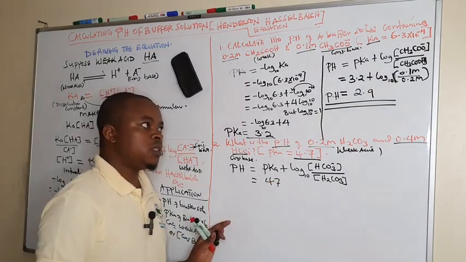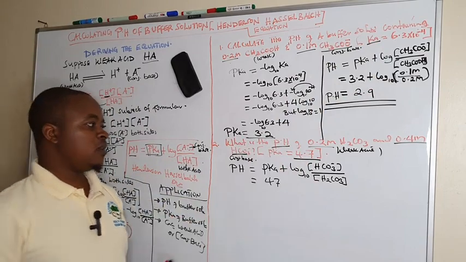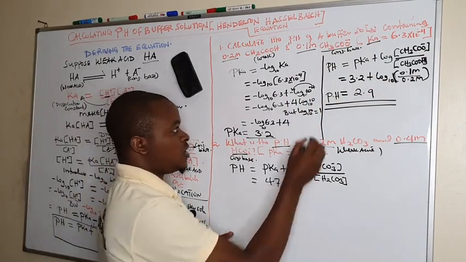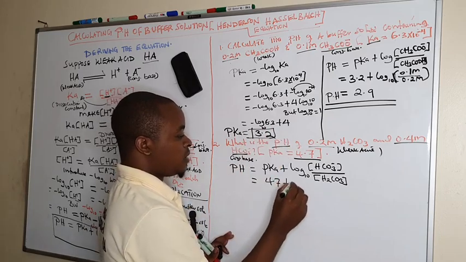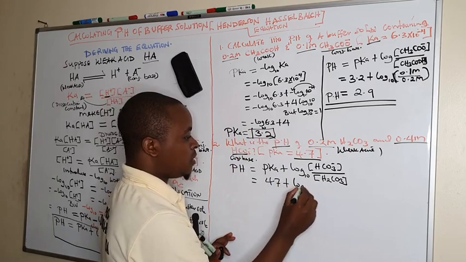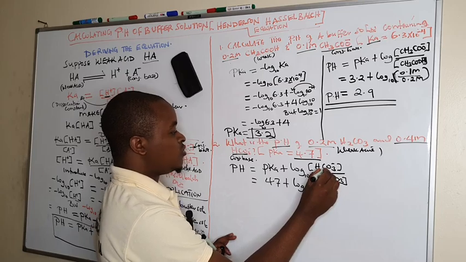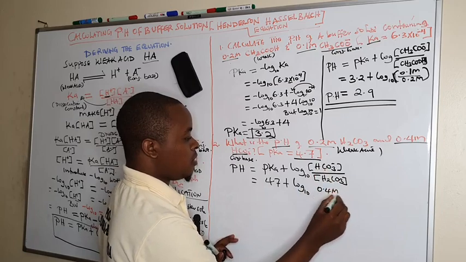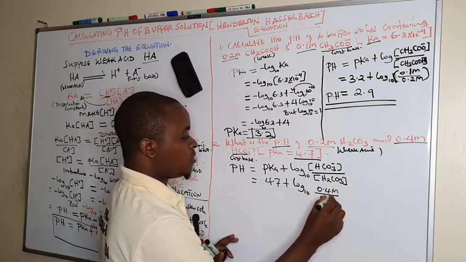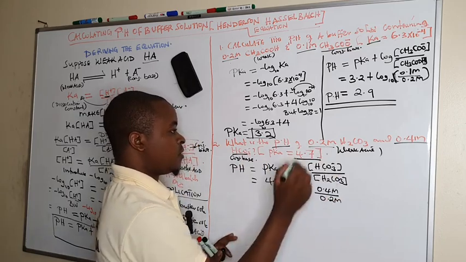In the previous question they had given us Ka, but here we have been given pKa directly. So we don't need to calculate the pKa value like we did before. Plus log base 10 of the concentration of the conjugate base, 0.4 molar, divided by 0.2 molar of the weak acid.